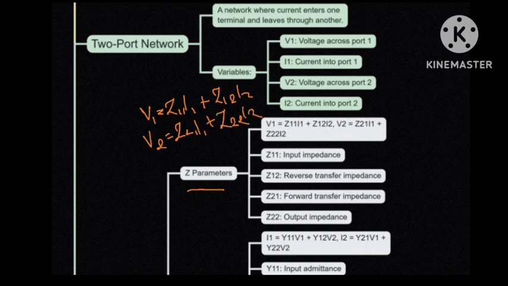This is the formula of the Z parameter. Z11 is known as the input impedance. Z12 is known as the reverse transfer impedance. Z21 is known as the forward transfer impedance and Z22 is the output impedance.